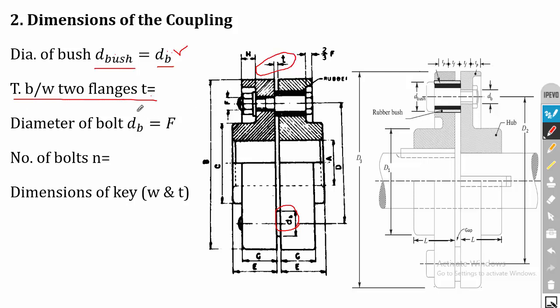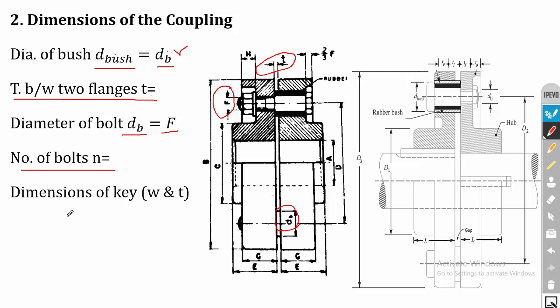I have not made any corrections on that. Then the diameter of the bolt DB, in the data book they have considered as F. The reason why I am selecting the standard values from the data book is that we can use the same equations we used for the rigid flange coupling.